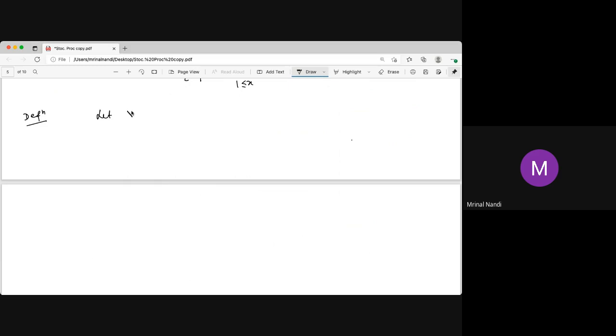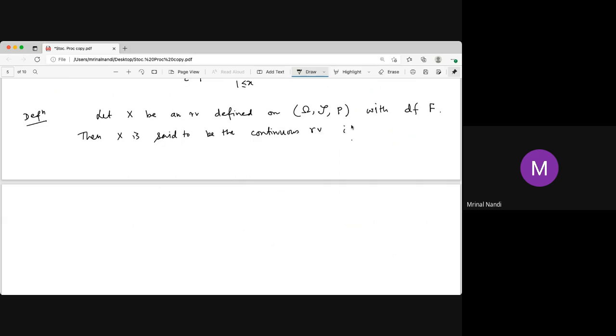So let X be a random variable defined on the probability space omega, the event space, with some distribution function F. Then X is said to be of continuous type, or simply a continuous random variable, if the distribution function is continuous.